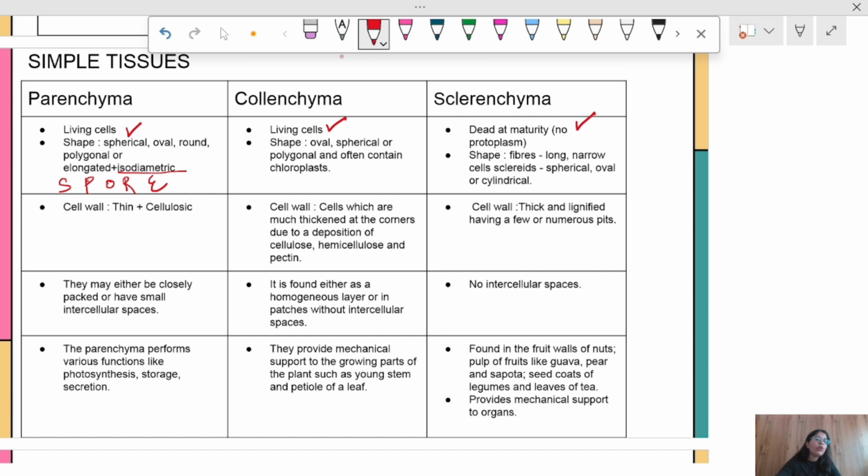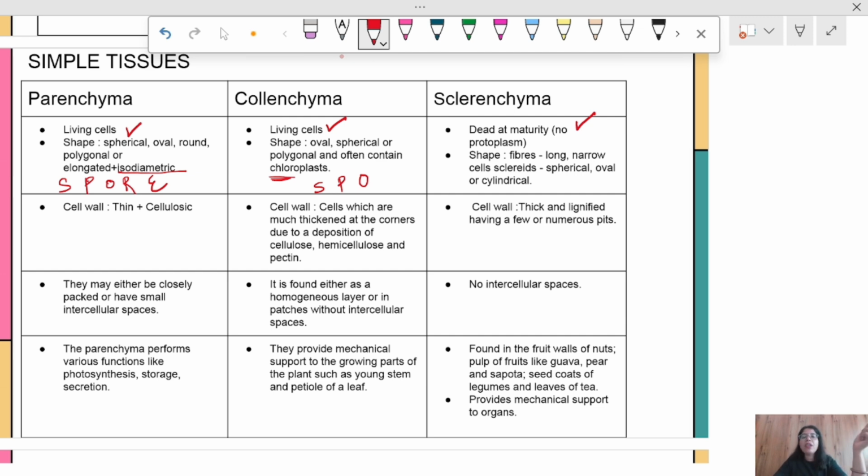Collenchyma, on the other hand, you can see they are spherical, polygonal, oval, only that much is given. And they can have a lot of chloroplast also. They often can have chloroplast as well. So if they ask a question like, which among the following tissues are able to do photosynthesis?